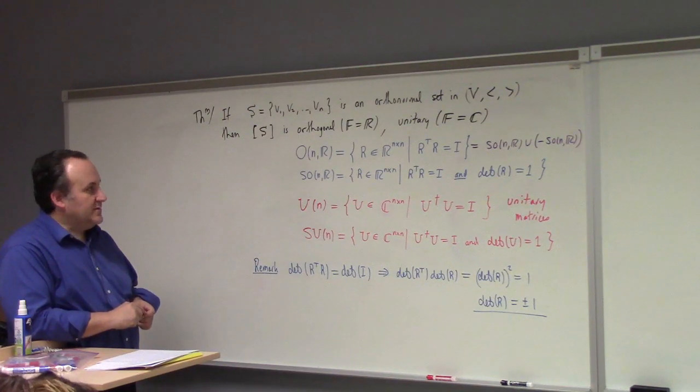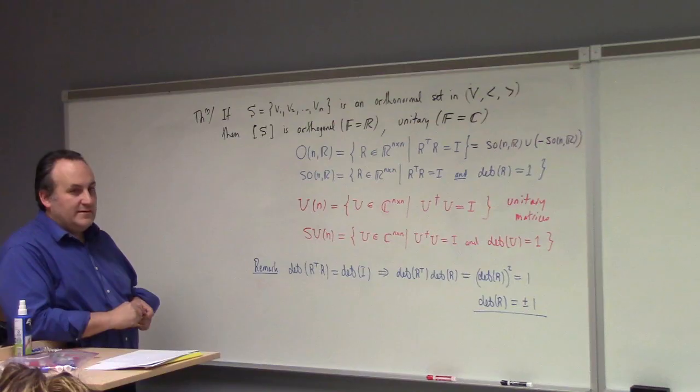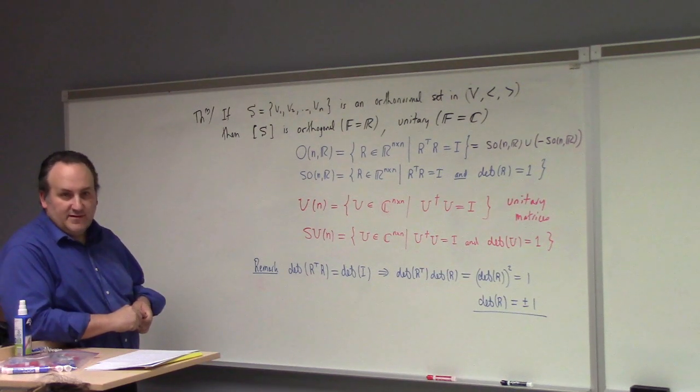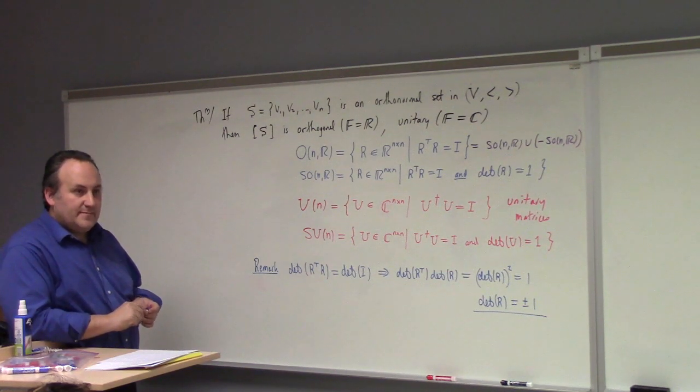But I think it's true that O(n)(R) mod SO(n)(R) is Z2 up to isomorphism, if you're taking abstract algebra, or the course which is the prerequisite for abstract algebra. If you were to do such a thing, that comment would be in place. Otherwise, it would be a ridiculous comment. So anyway.